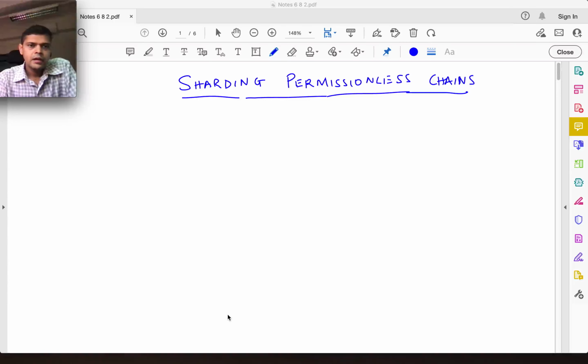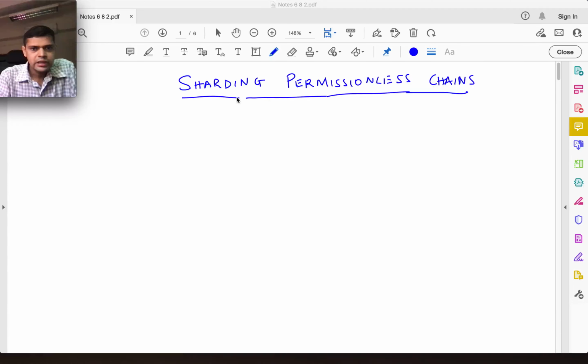Everyone, I wanted to continue our discussion on sharding today. In the last class, we looked at Mitosis, which was a sharding system for permissioned blockchains. There were only a few set of nodes who had permission to become consensus nodes, and Mitosis had some ideas about how to have multiple shards, how to divide one shard into multiple shards, to combine shards into one, and so on, right?